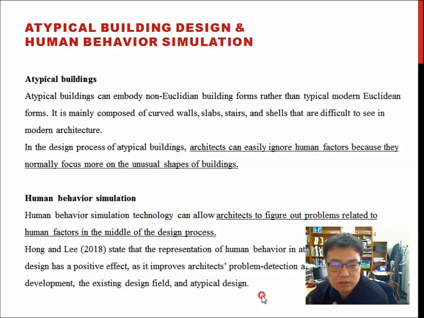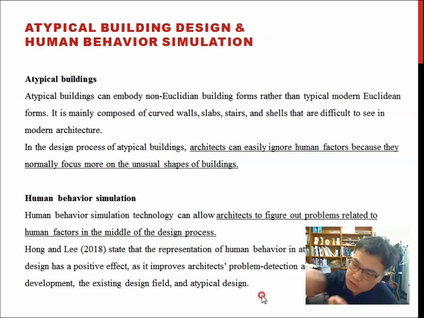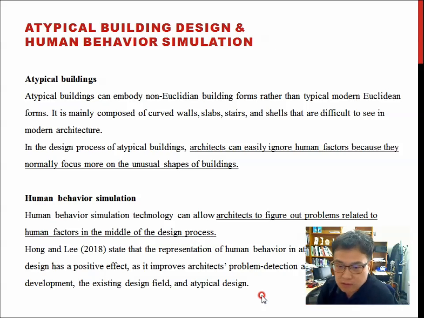In the previous research, there are several positive effects of human behavior simulation in the middle of the design process. That's why we apply human behavior simulation to the atypical design process.